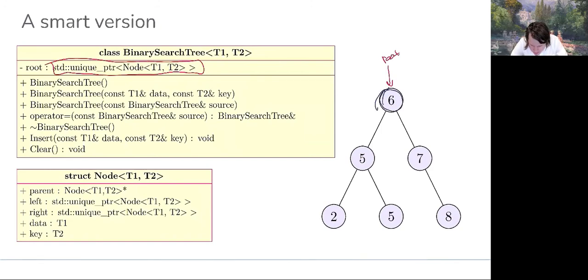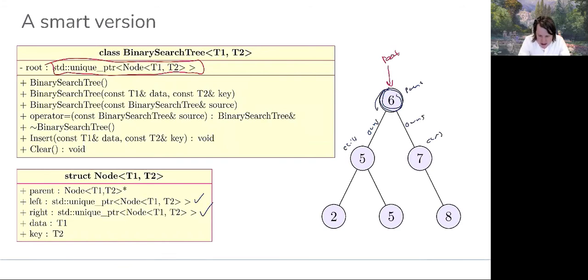And what's going to be important here is that that node is going to own both its left and right children. So here's the parent, here's the children. In this case, the parent owns both node 5 and node 7.